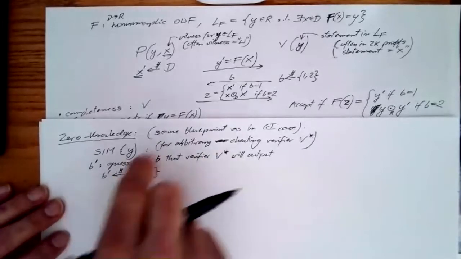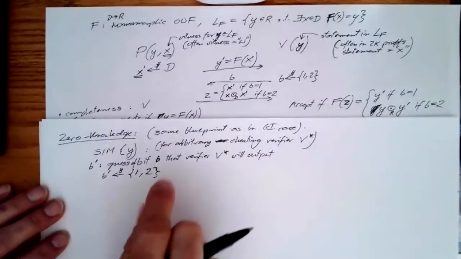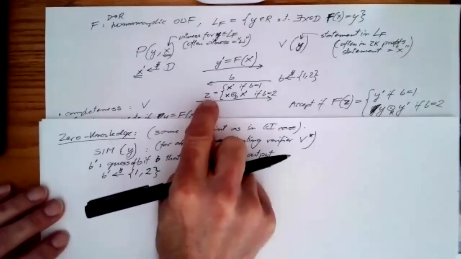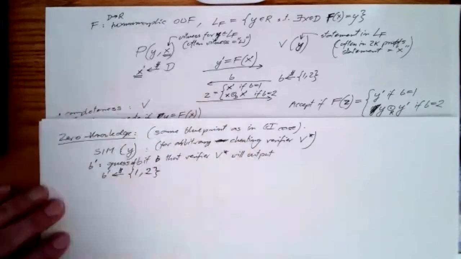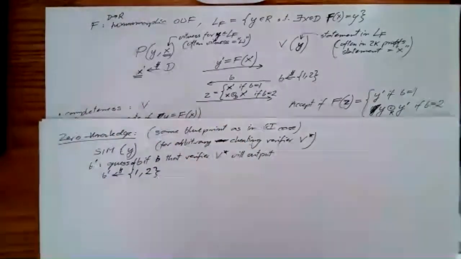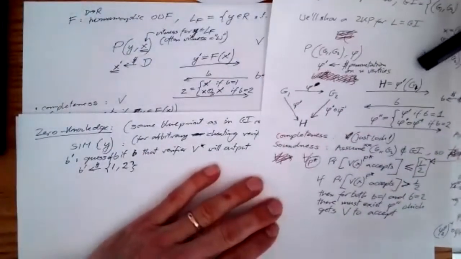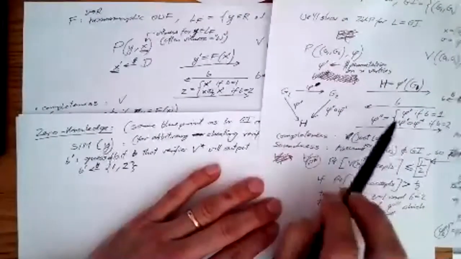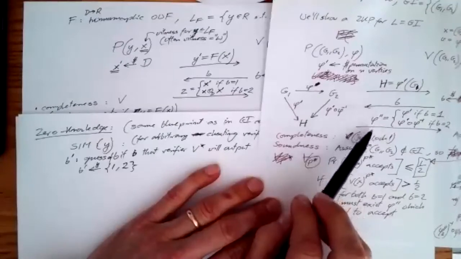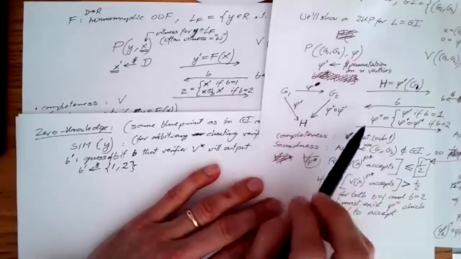Okay, now if you guess this bit B, what did the graph isomorphism simulator do? In the graph isomorphism case, we started simulation from the bottom up.